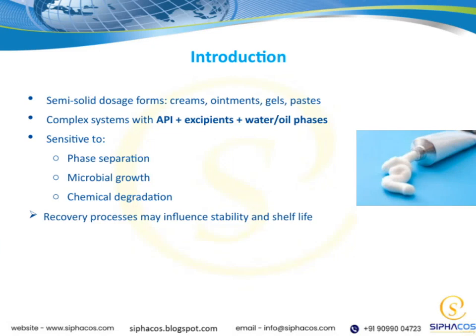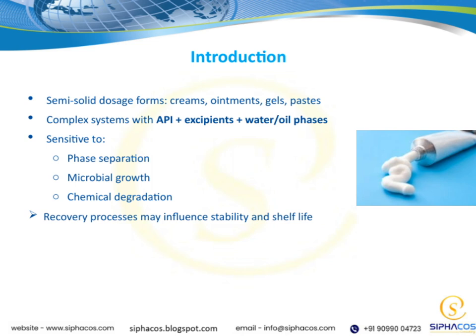Let's start with an overview of semi-solid dosage forms, which include creams, ointments, gels, and pastes. These are complex systems that typically contain the active pharmaceutical ingredient, or API, along with various excipients, and they often have water or oil phases. Because of this complexity, they can be quite sensitive to a few key issues.